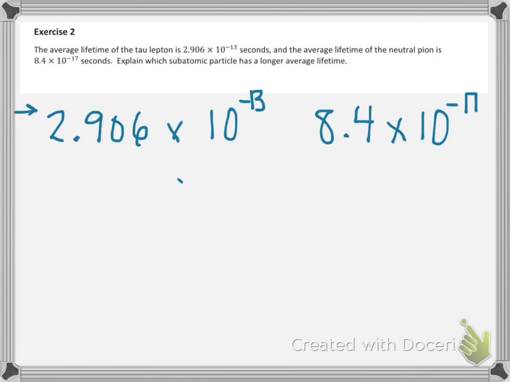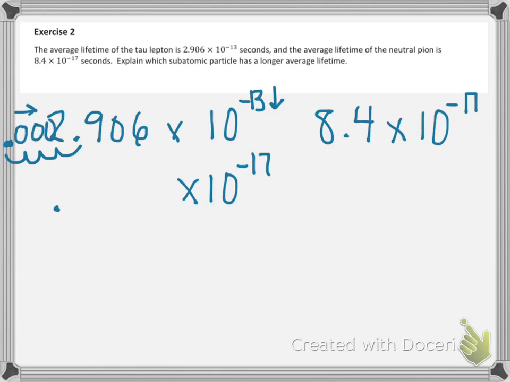So I want this to be times 10 to the negative 17th power. Looks weird. Negative 17th power. So that means I have to make this smaller by 4. So this has to be bigger by 4. 1, 2, 3, 4. Decimal goes here, and I fill in zeros.